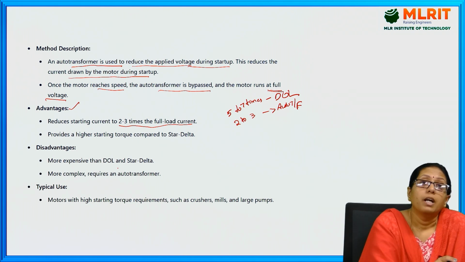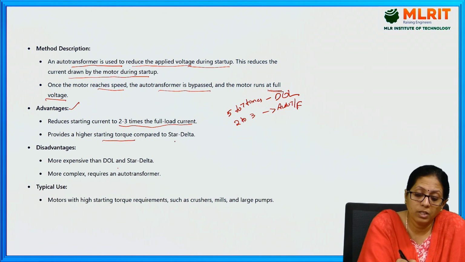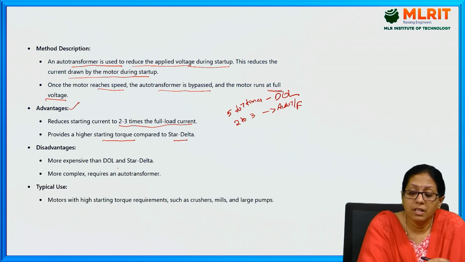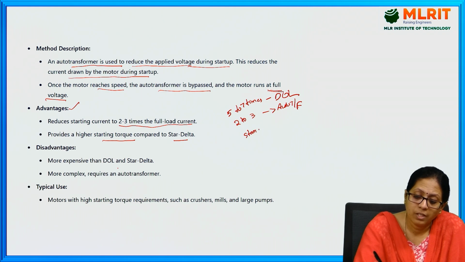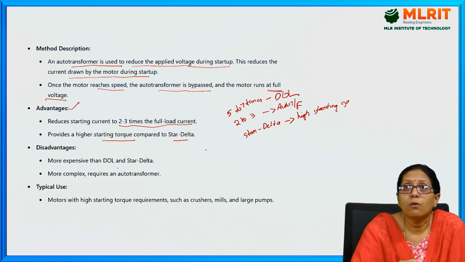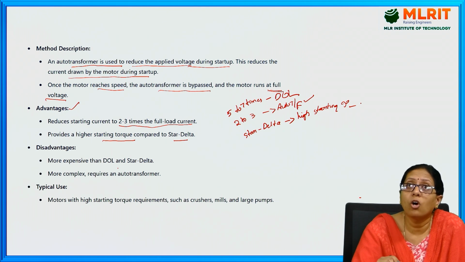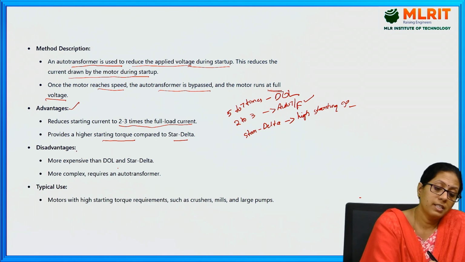The second advantage is it provides a higher starting torque when compared to the star delta. In the previous star delta connection, we cannot use it for high starting torque. So this auto transformer method can reduce the initial current as well as be used for high starting torque also.